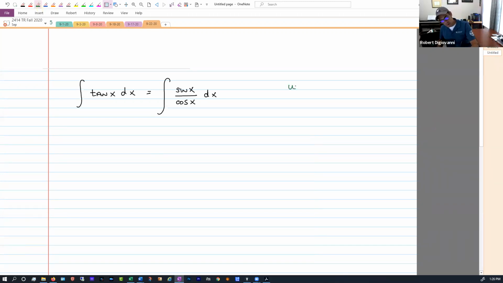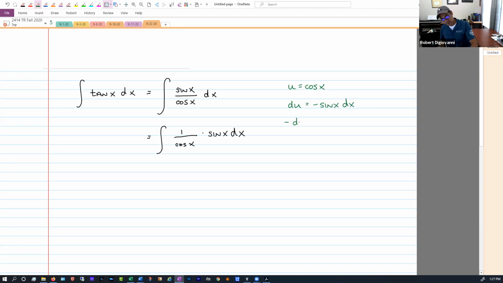All right, so you see that the derivative of cosine is negative sine, and you see a sine there, right? If we just peel that sine off to the side, we can see that the derivative of cosine is there, and we're off by a constant, right? That's okay. So this is shaping up to be not too bad.